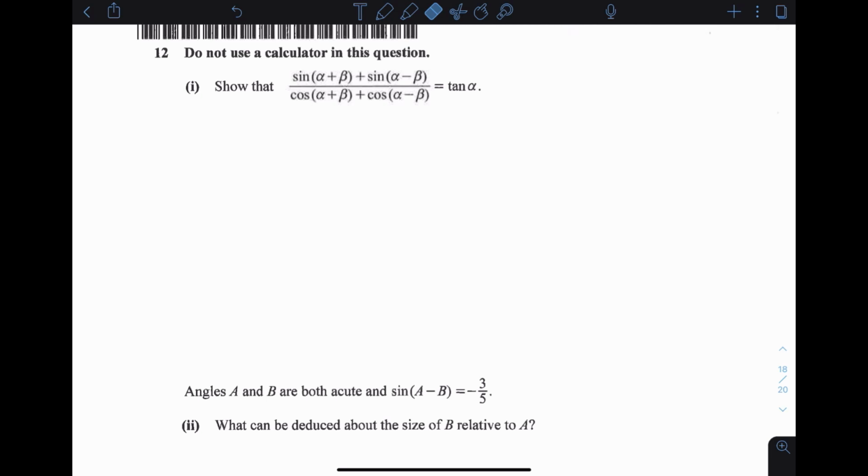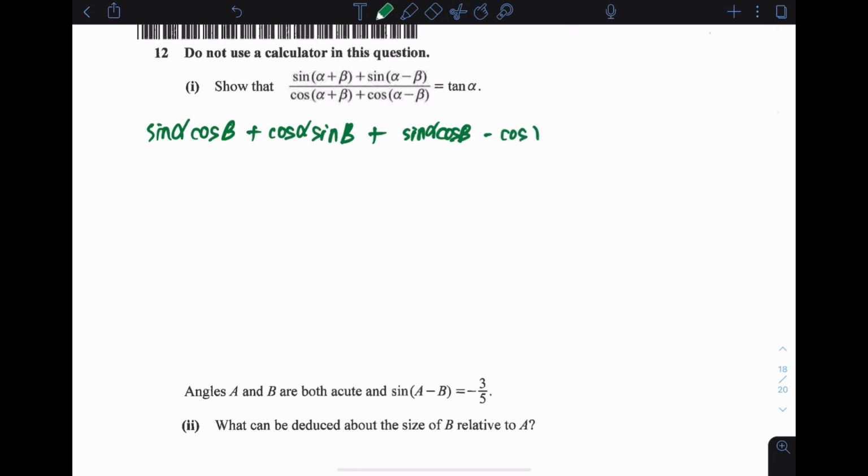Question 12. Show that this whole thing equals tangent alpha. We can start by expanding everything here. So expanding sine alpha cosine beta plus cosine alpha sine beta, plus again, sine alpha cosine beta minus cosine alpha sine beta.